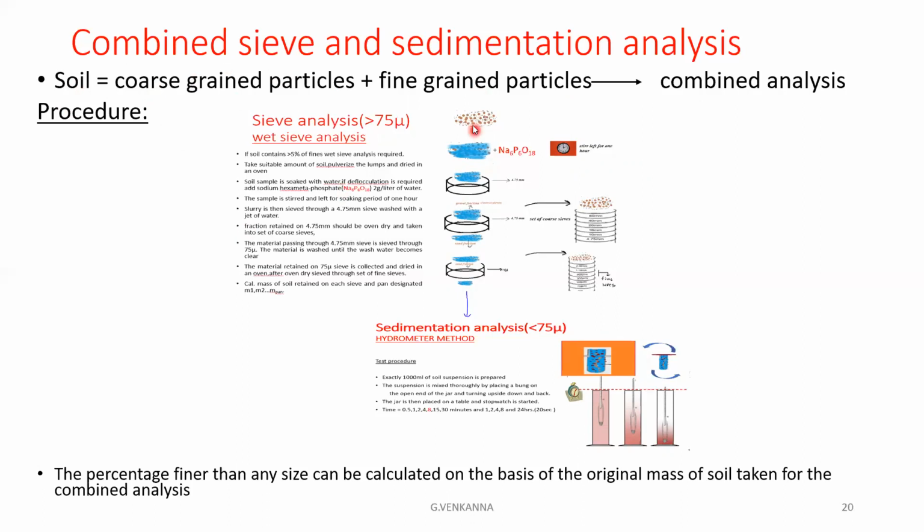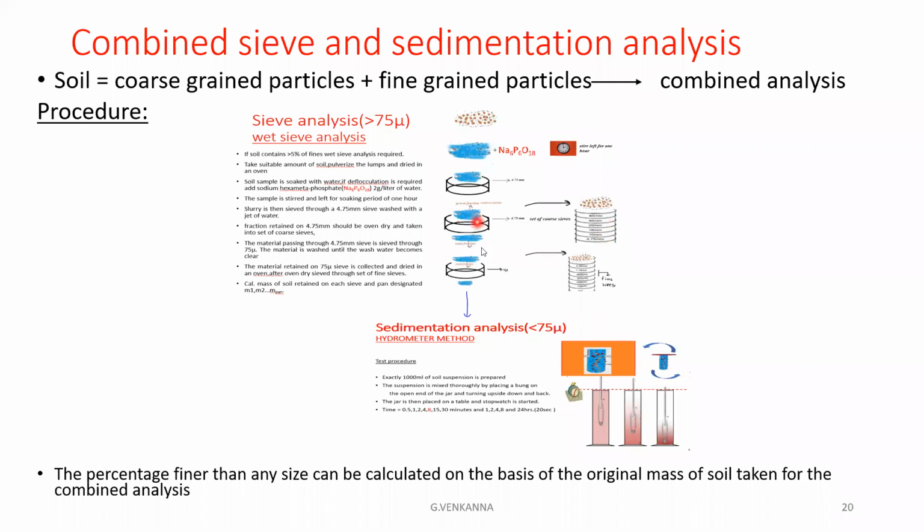Whenever the soil has fine particles, first we add water and a dispersing solution like sodium hexametaphosphate, 2 grams per liter of water, and stir for about 1 hour. After that the suspension is sieved through a 4.75 mm sieve. Whatever fraction is retained on the 4.75 mm sieve is taken into an oven tray as the gravel fraction.